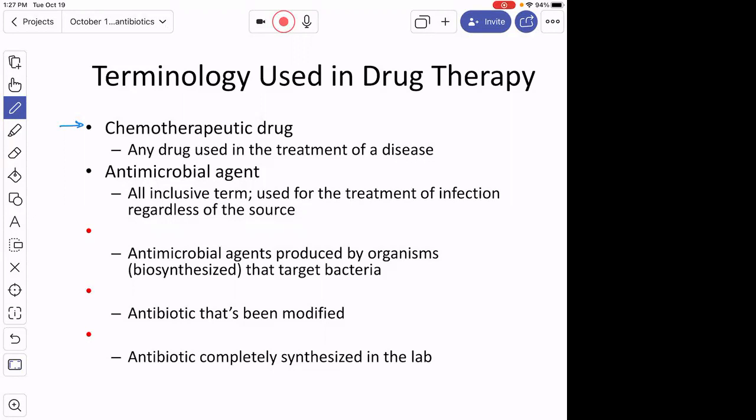By definition, anything that's considered a chemotherapeutic drug, that's basically any drug we use in the treatment of disease. So we often think of chemotherapy as, oh, these are drugs used to treat cancer. But really that term just means any drug that you use to treat disease. And then a drug that's an antimicrobial.